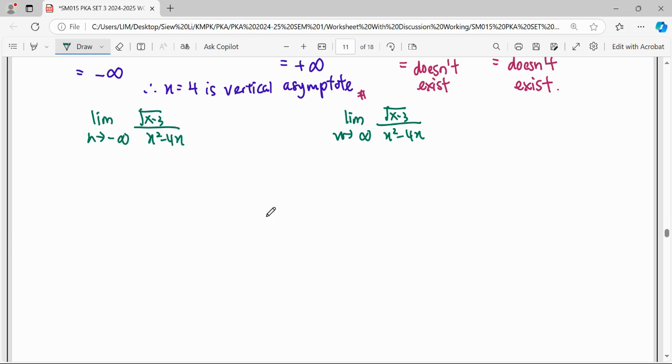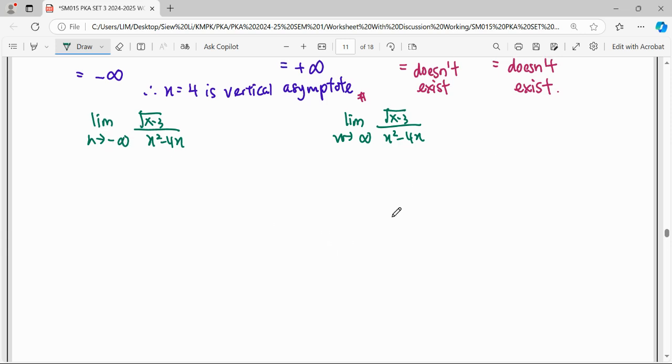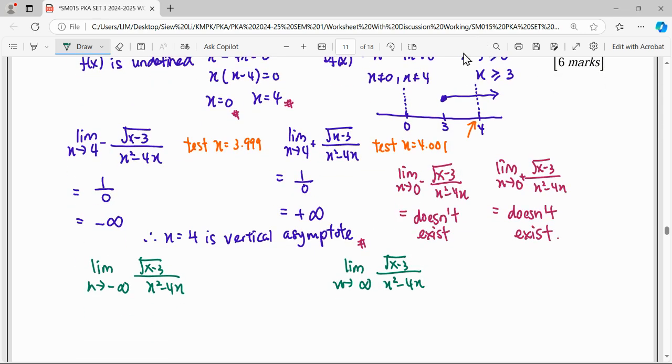Limit negative infinity, is it in the domain? You tengok domain kita. Ada belah kiri-kiri sini ke? Tak ada, function tak ada. So, limit x approaches negative infinity, this is also in the situation where the function is not in the domain. So, this also does not exist.